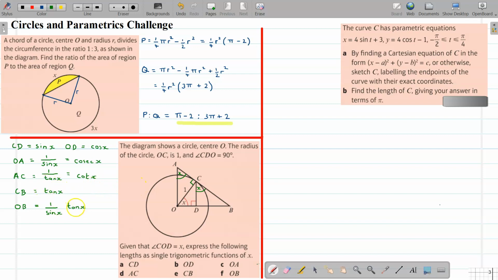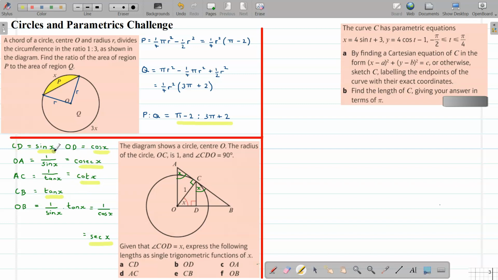So the sine x's will cancel, and that will leave you 1 over cos x. And 1 over cos x is the same as sec x, short for secant. And that's the answer to the last one.